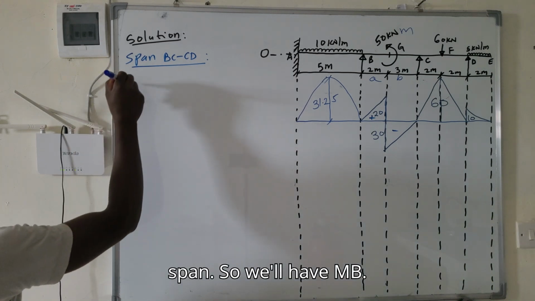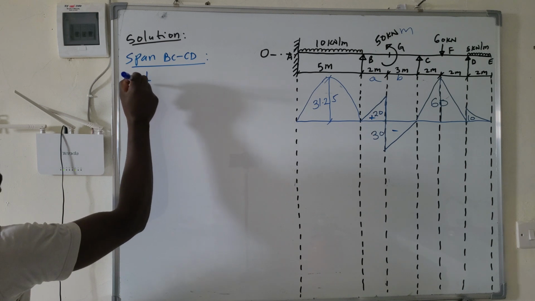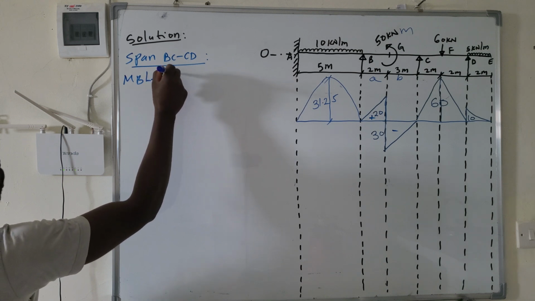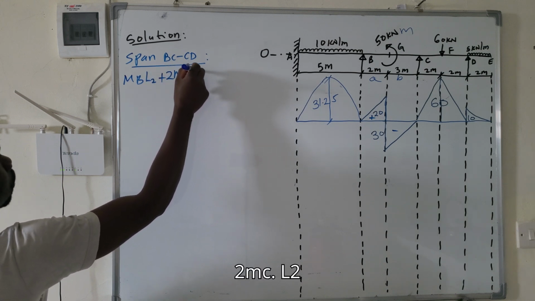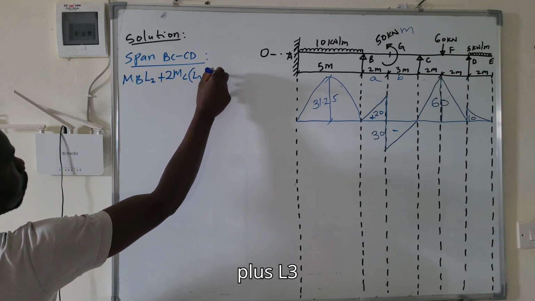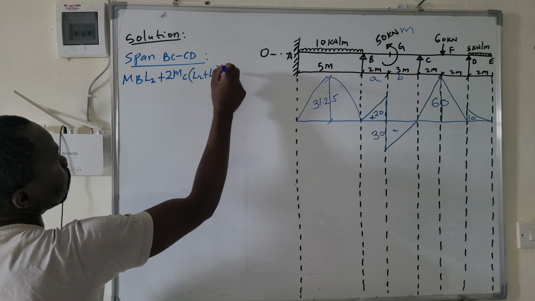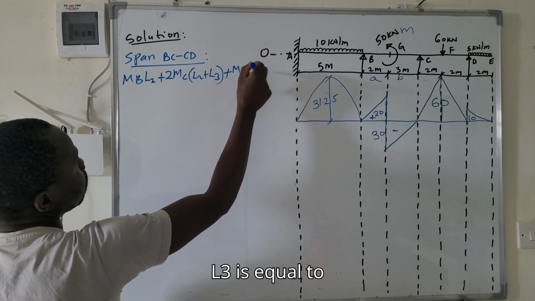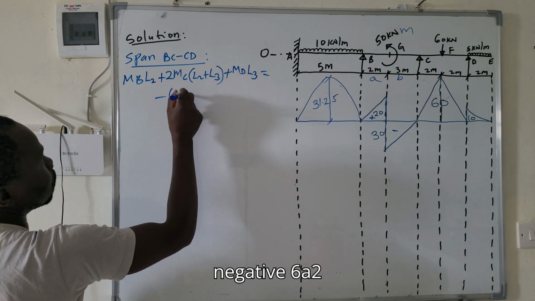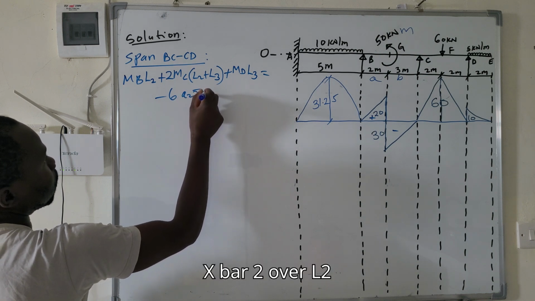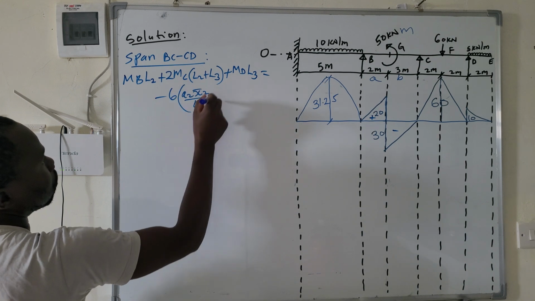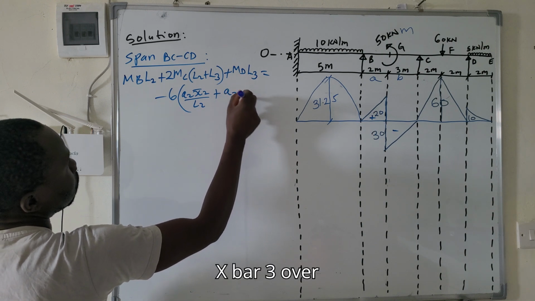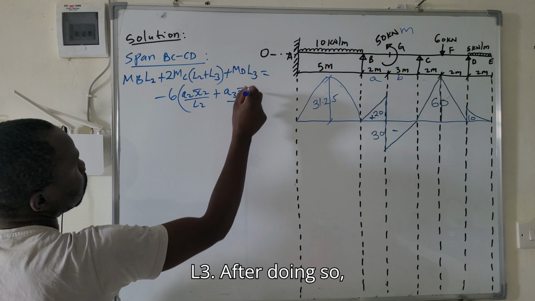So we'll have MB L2 plus 2 MC (L2 plus L3) plus MD L3 is equal to negative 6 [A2 x bar 2 over L2 plus A3 x bar 3 over L3].